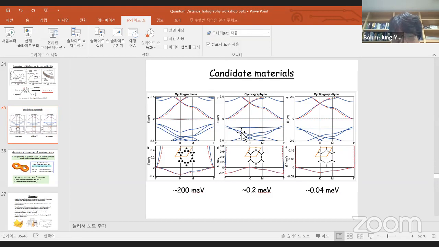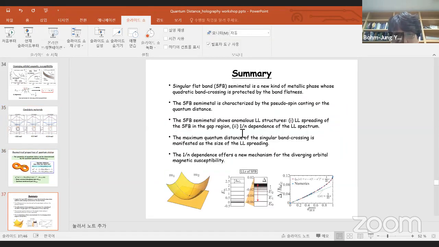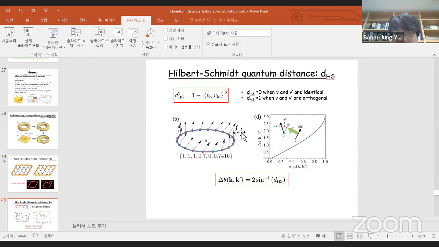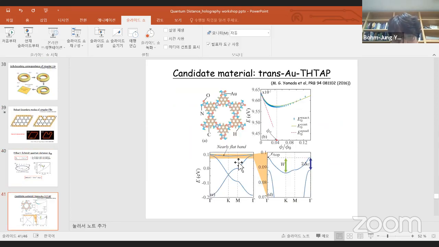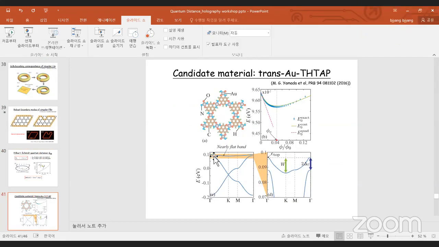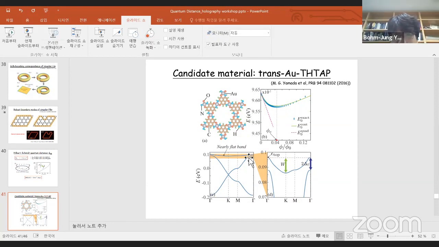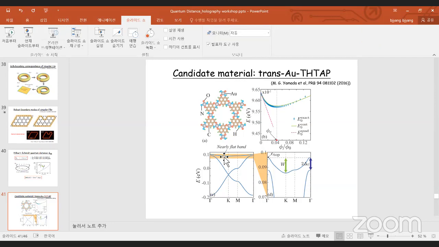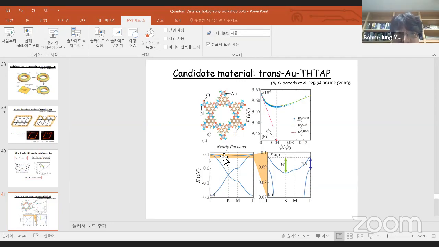Once you introduce such a perturbation, we always see a small dispersion of the flat band. But this second neighbor hopping and spin-orbit coupling can be treated using simple perturbation theory. In our paper, we show how this quantum distance can be extracted when we include the spin-orbit coupling and second neighbor hopping. There is a systematic way to improve these computations, and there's no problem.